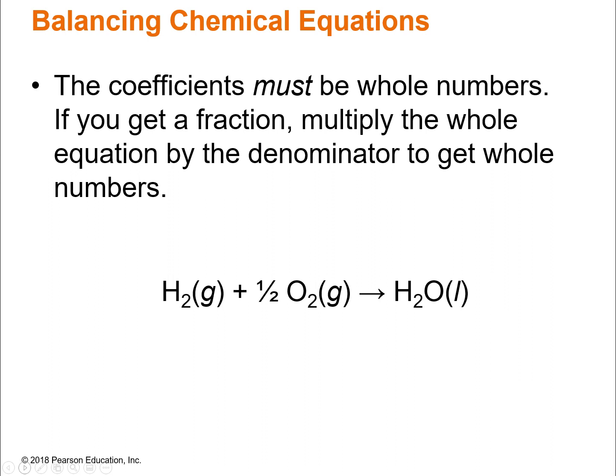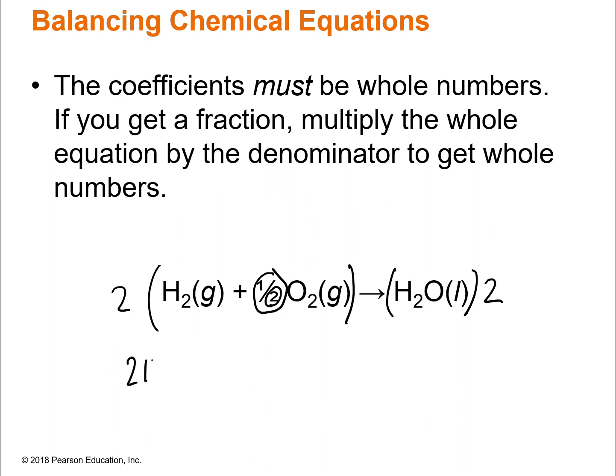The coefficients have to be whole numbers. So if you have a fraction in there, then you need to get it out of there by multiplying by the denominator to get whole numbers. The denominator is the bottom number, so that's a 2. You'll multiply everything by 2.